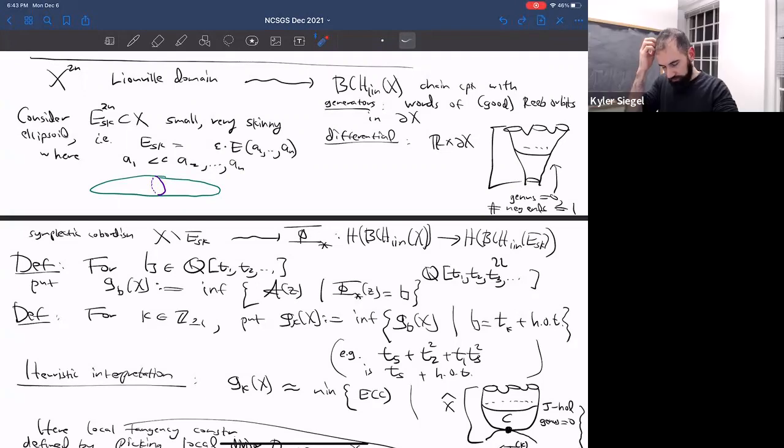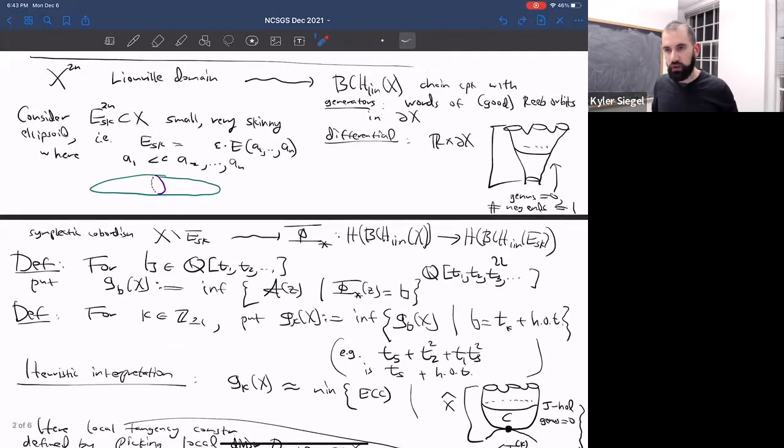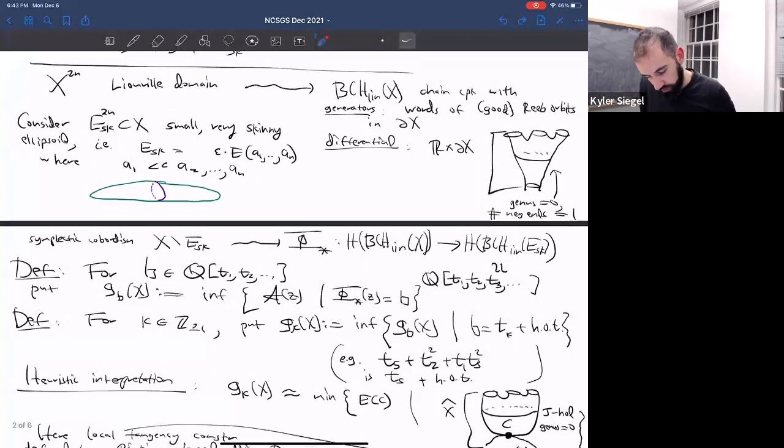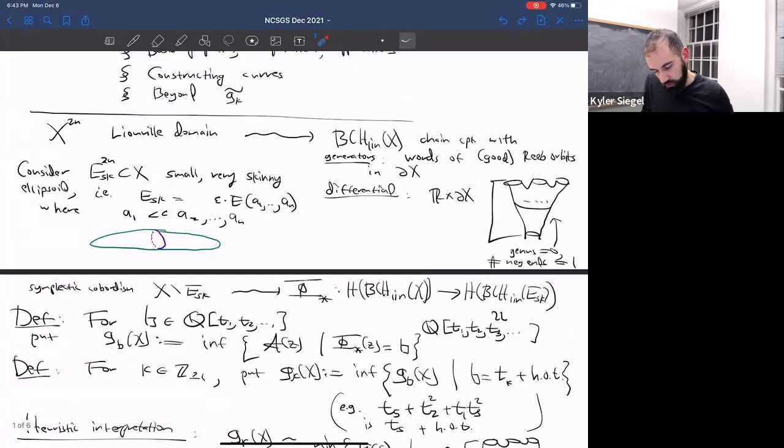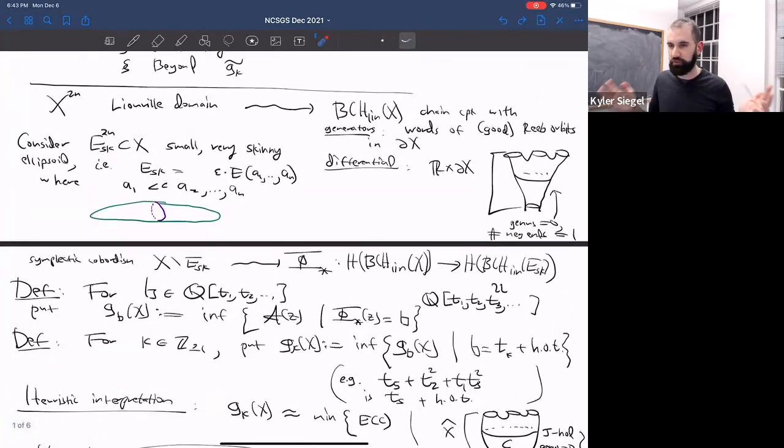Yeah, I think I would agree with that intuition. One of the stumbling blocks is that for the GB capacities, one obvious question is, can you compute the full GB capacities for a 4-dimensional ellipsoid?